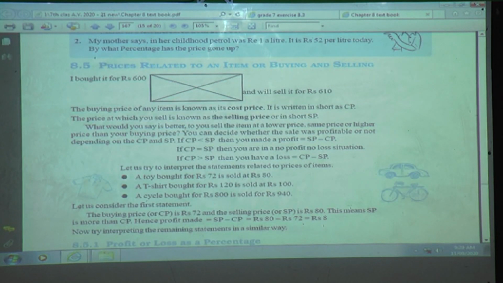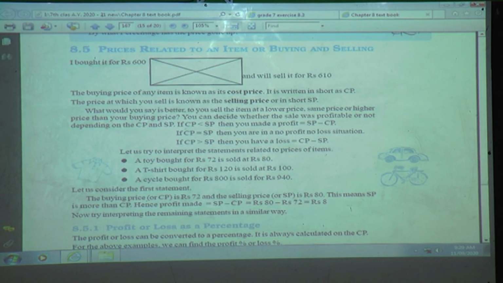Here today we are going to learn about the price related to an item, that is buying and selling. The words are very familiar to you. What is buying and selling? It is cost price as well as selling price, the prices related to an item. If you are purchasing some item from the market, what will be the cost price and what will be the selling price, we will learn in detail.